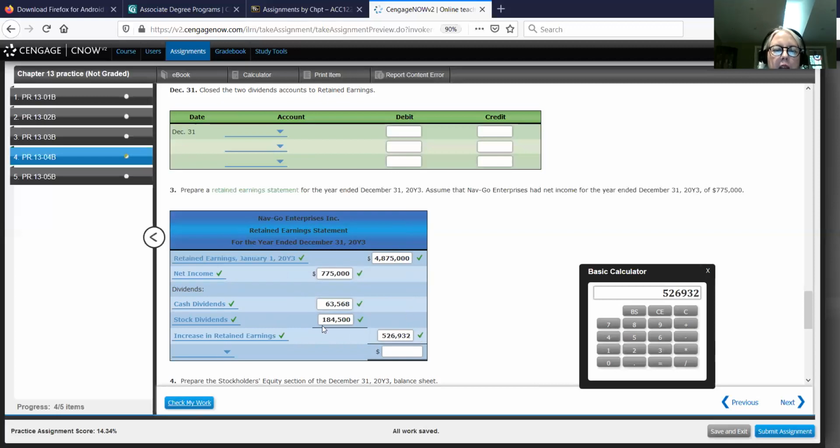The last thing you want to do is show the ending retained earnings balance. You're going to take the beginning retained earnings and add the increase in retained earnings for this period. That will give you the ending retained earnings balance as of December 31st. So we're going to add the increase in retained earnings to the beginning balance.